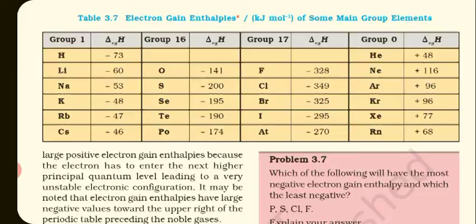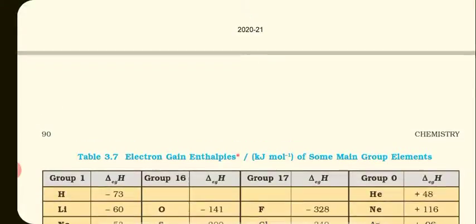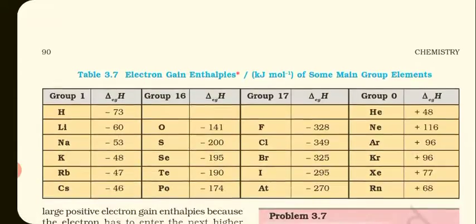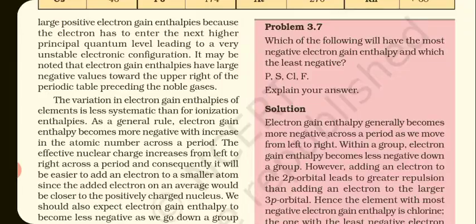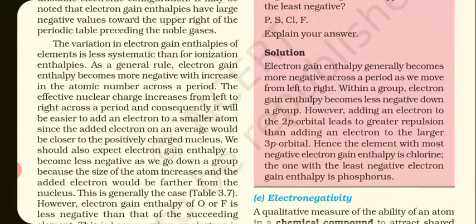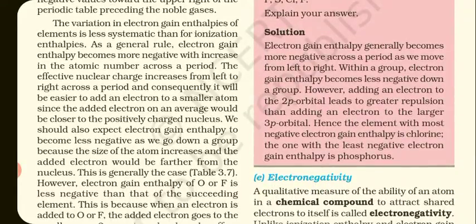So as we move down in a group, like in group 17, the electron gain enthalpy increases. The variation in the electron gain enthalpies of elements is less systematic than for ionization enthalpy.